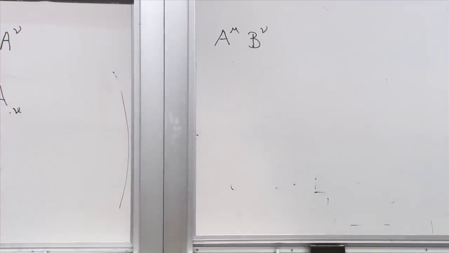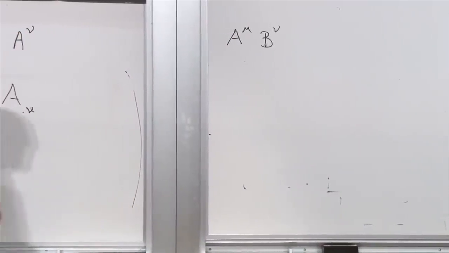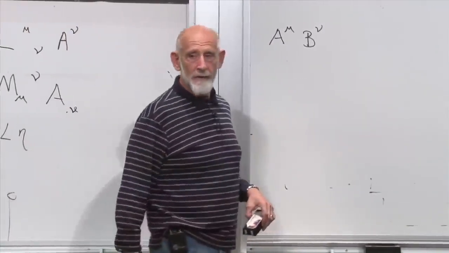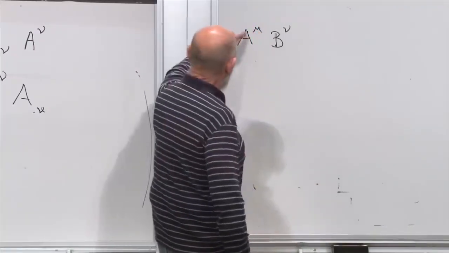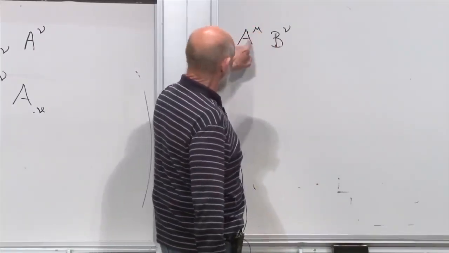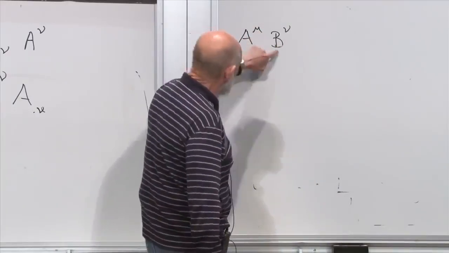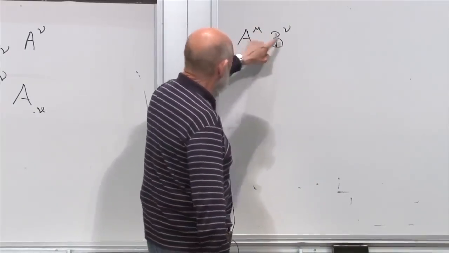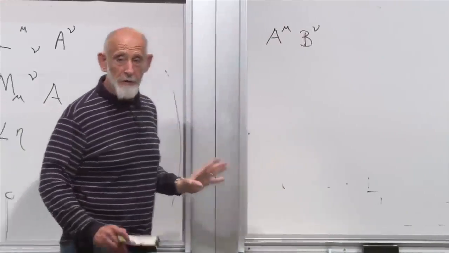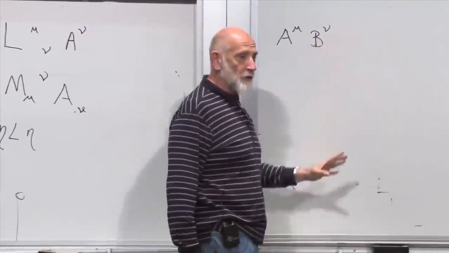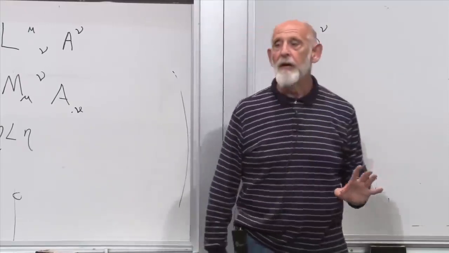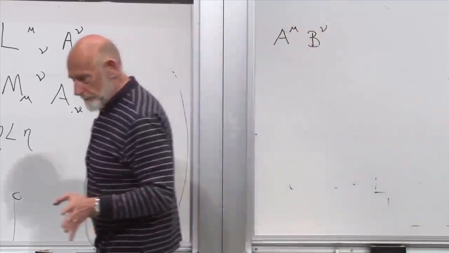How many components does this thing have? 16. 4 times 4. There's A naught, B naught, A naught, B1, A naught, B2, A naught, B3, A1, B naught, and so forth and so on. This symbol here stands for a complex of 16 different objects, different numbers.